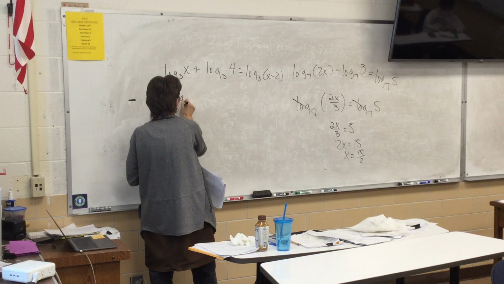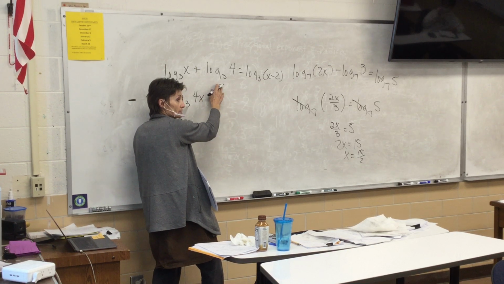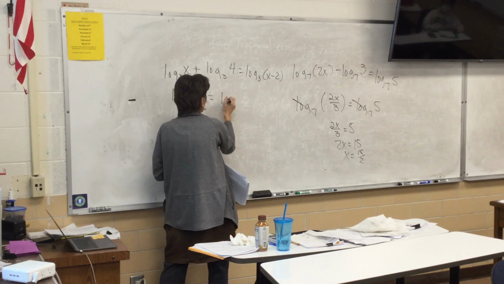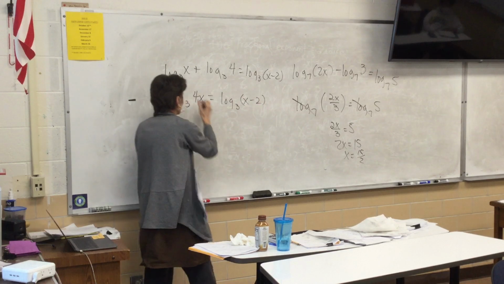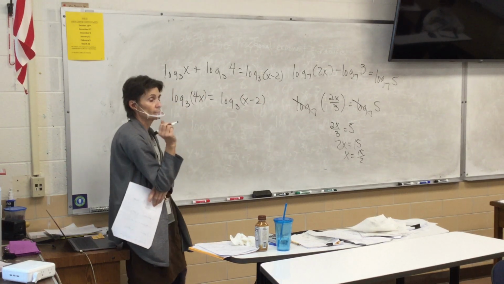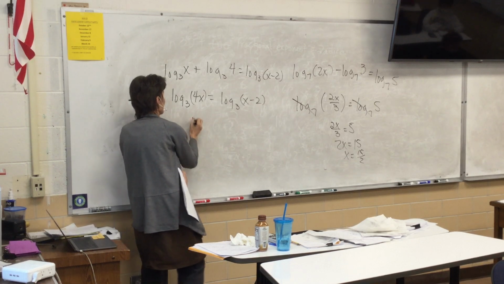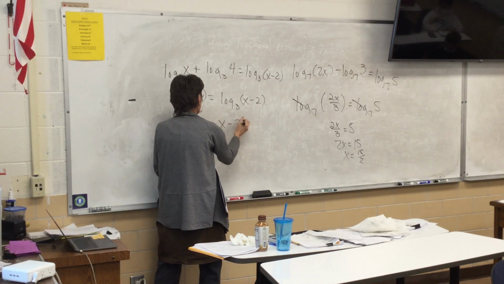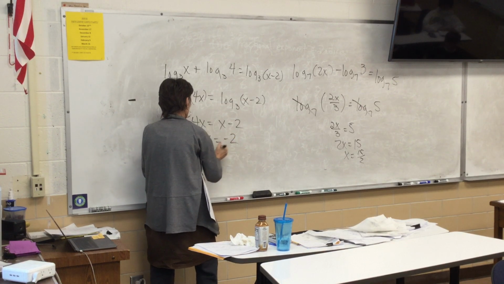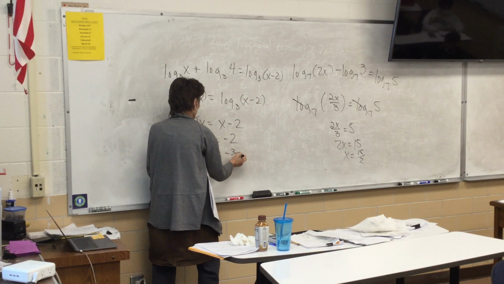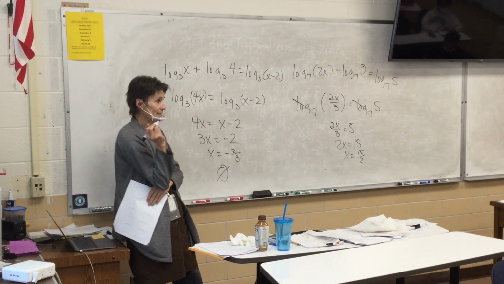So this is going to be the log of 4x equal to the log of x minus 2. Now can I drop them? Yes. So 4x equals x minus 2. 3x equals negative 2, and x equals, oh no, we have an extraneous root. We haven't run into any of those yet.